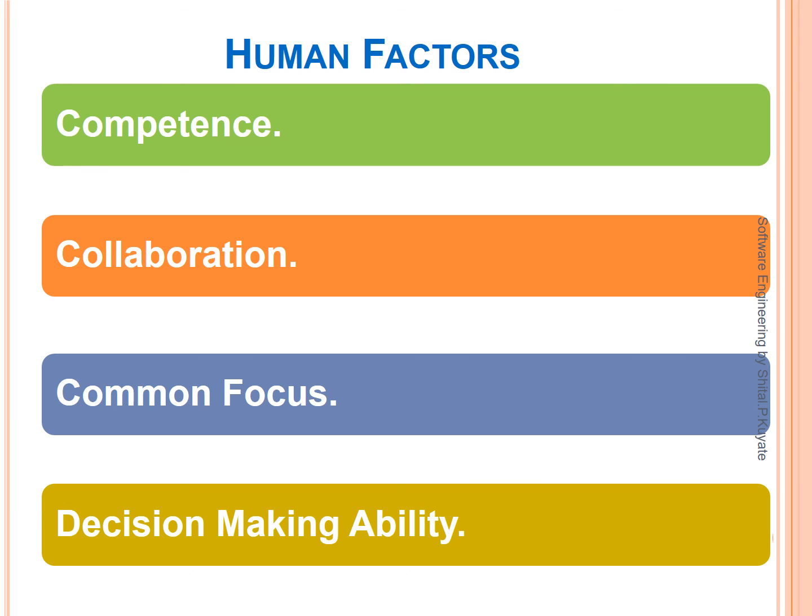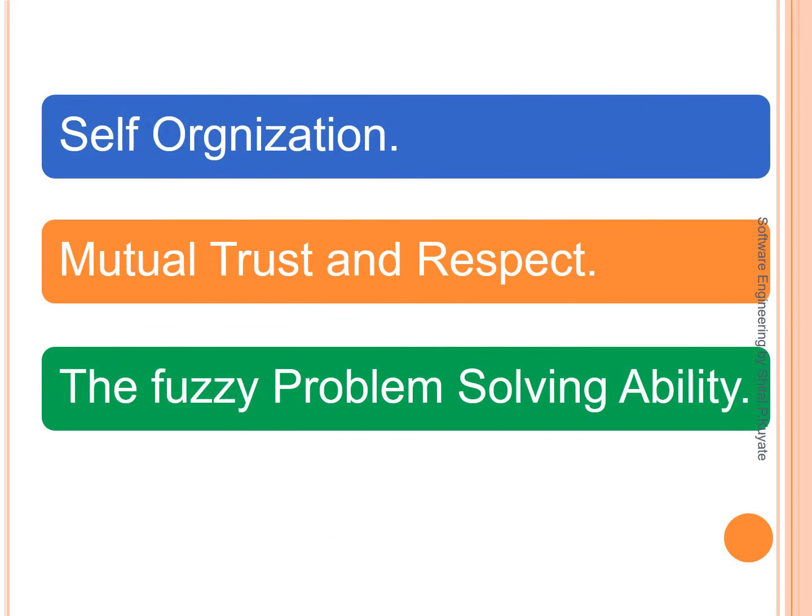The fourth one is decision making ability. The project team must be allowed the freedom to control its own destiny, so they can take individual decisions on various issues. The next one is self-organization. To get a number of technical benefits, the collaboration should be improved and team confidence should be boosted.